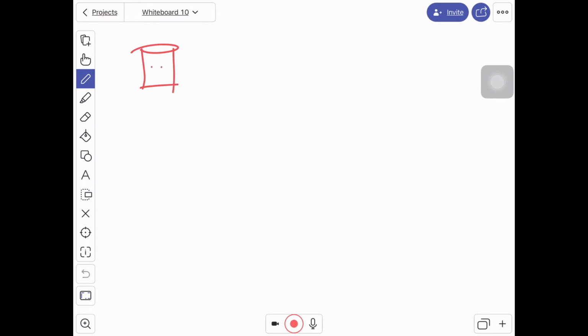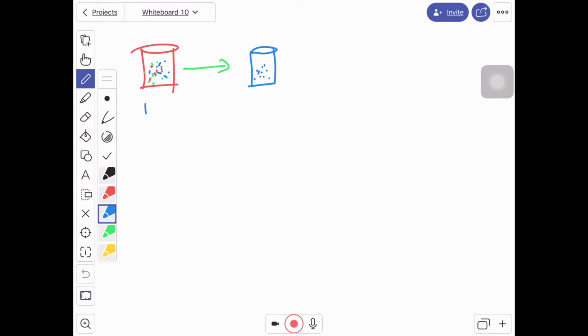Suppose this is our sample. This sample contains a variety of microbes. I'll give you different colors. Our task is to take out the desired microorganism. For example, we need this kind. From this pool, we have to isolate one type. This is actually isolation.